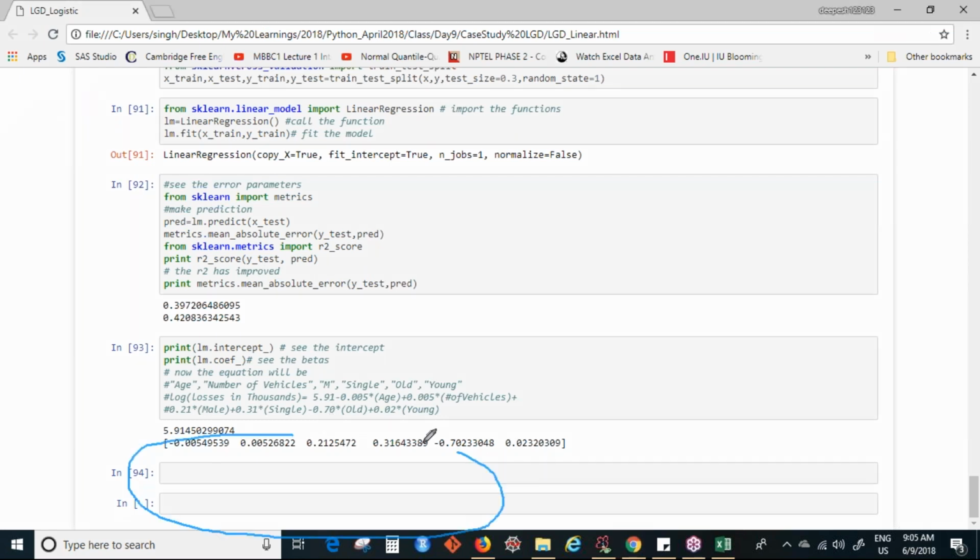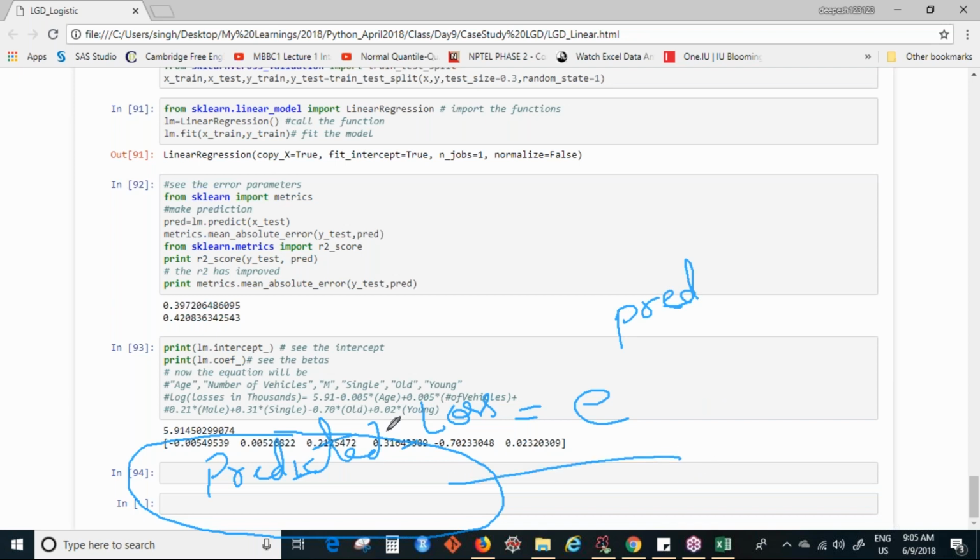At this point, define a new variable, let's say predicted loss, and you take the anti-log of pred. This is your final answer. This is what will go to the bank. I hope everybody knows how to take anti-log.